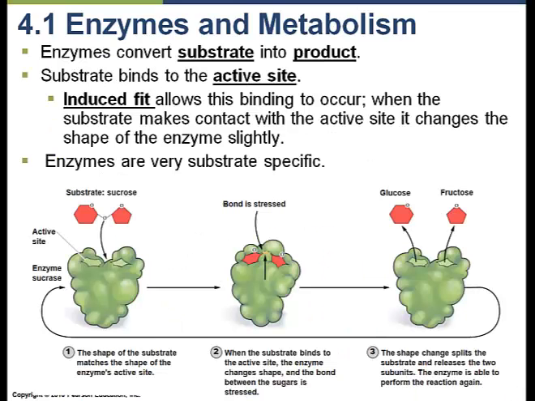If we go back to this slide, we can see that what the enzyme does is that it provides a little microenvironment in which the reaction can occur. It puts stress on that bond, for instance, in this case, and it causes that bond to break. That bond would rarely break if the enzyme wasn't present, but when that substrate fits into the active site, then the enzyme twists the bond in just the right way that it allows that bond to break.